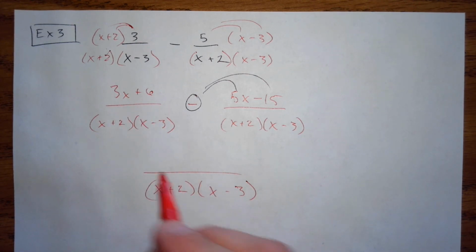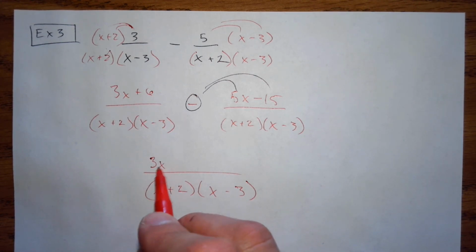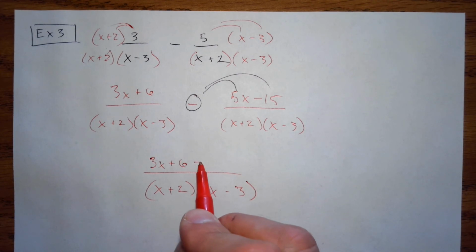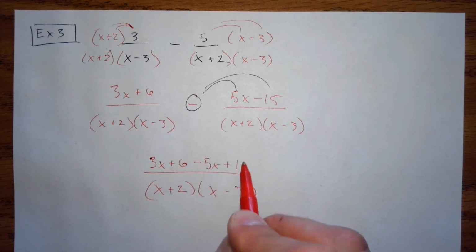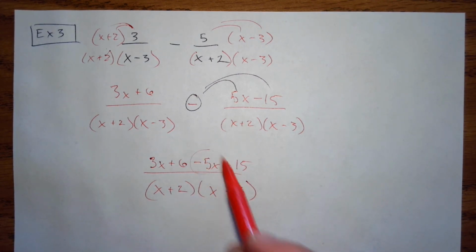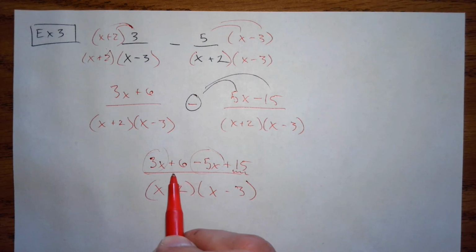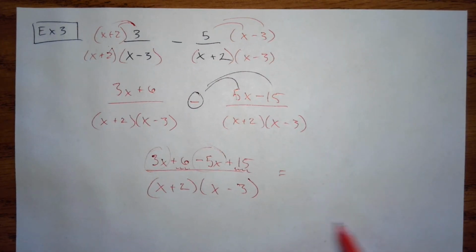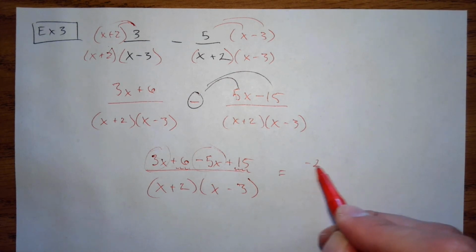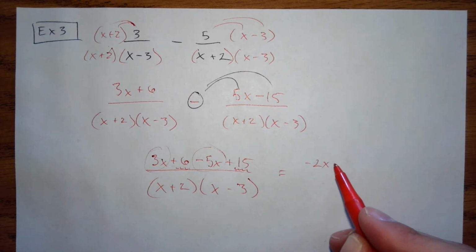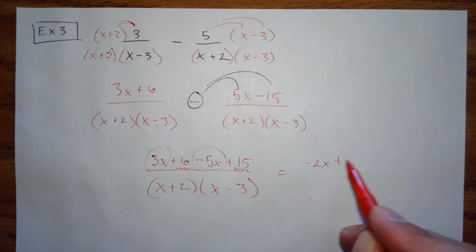And then I have 3x plus 6 minus 5x plus 15. The negative 5x and the 3x are like terms. The 15 and the 6 are like terms. So then I can write down my answer, negative 2x, thank you, plus 21.